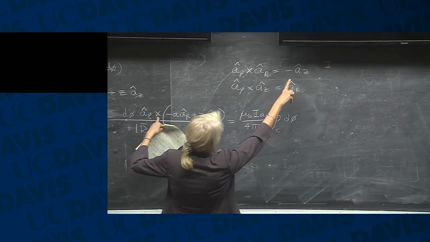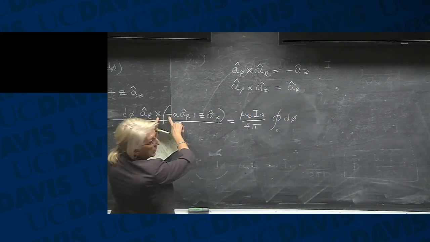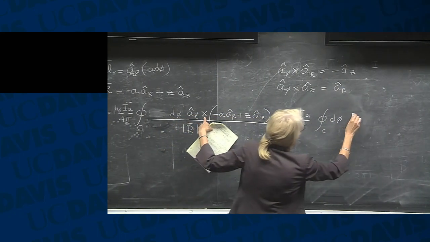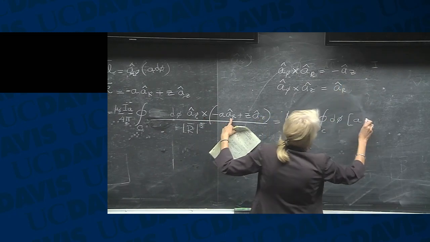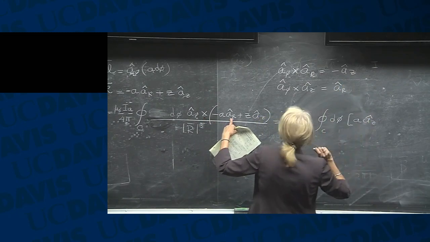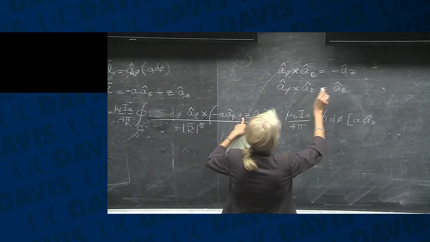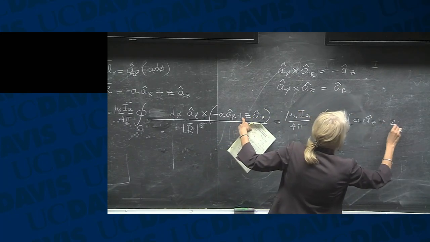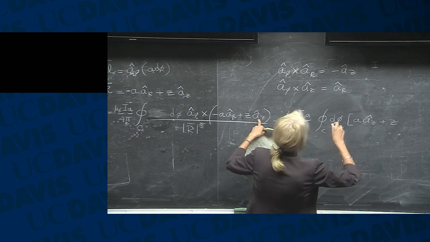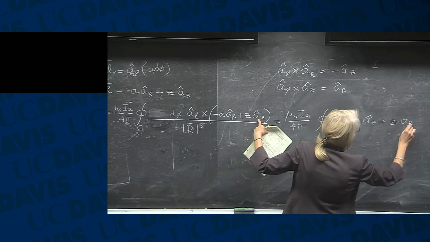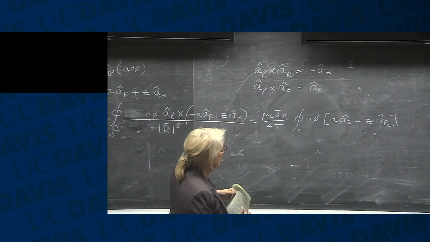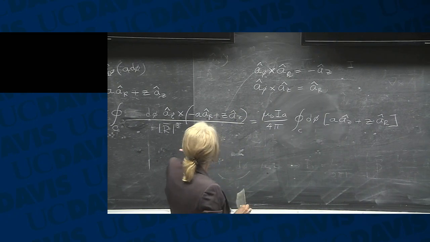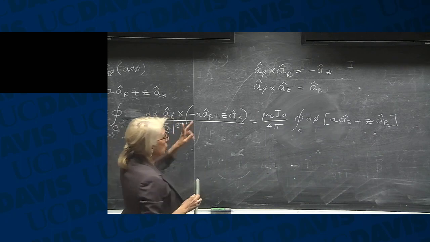And then the first part, minus here and minus here, gives me plus A sub z, and then this gives me plus z A sub r. Okay? So B has two components.